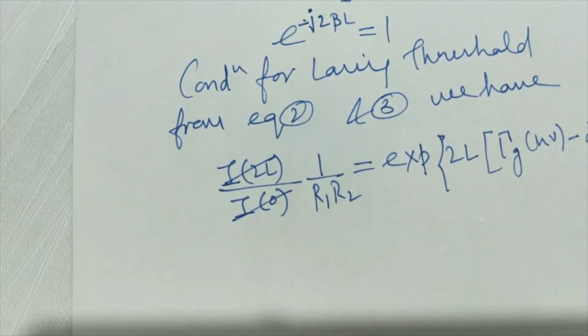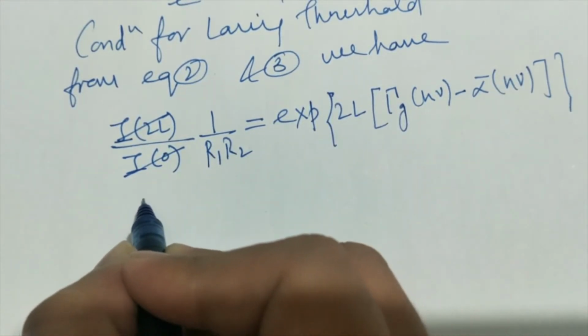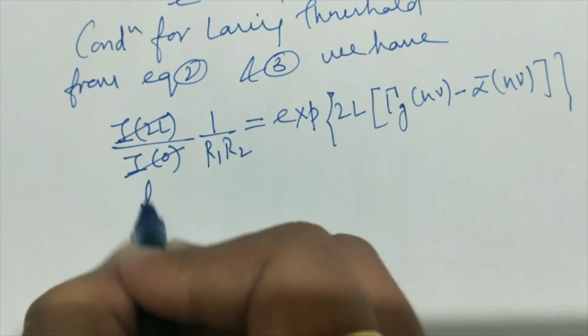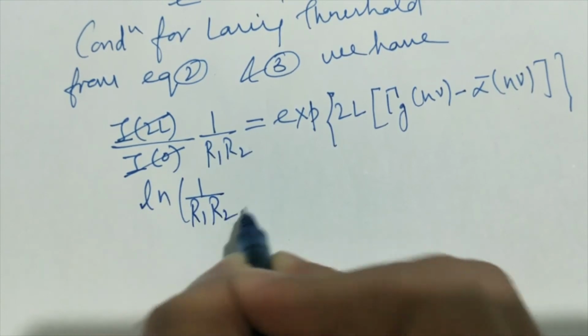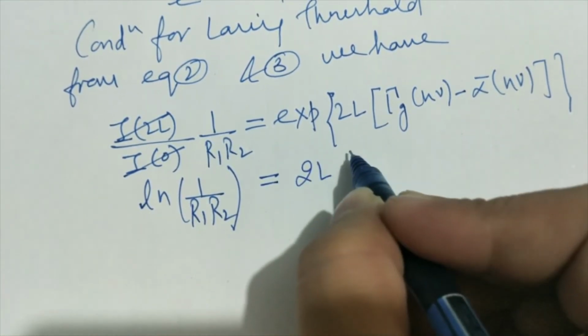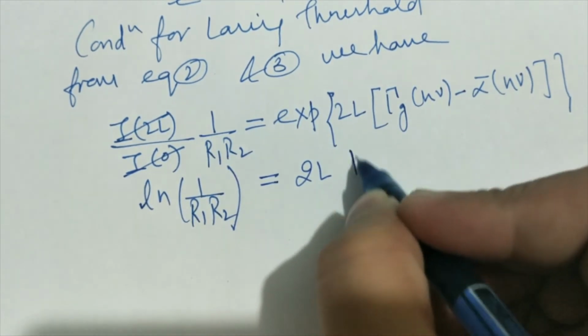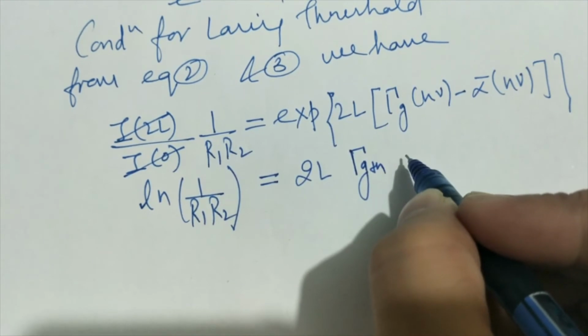Because of equation 3 we can cancel these out, and taking log on both sides we get ln 1 upon R1 R2 equals 2L times this value.